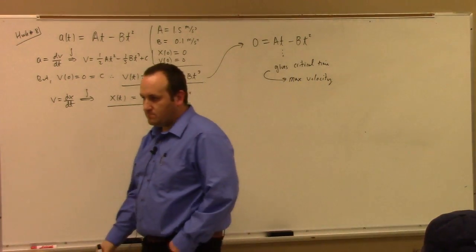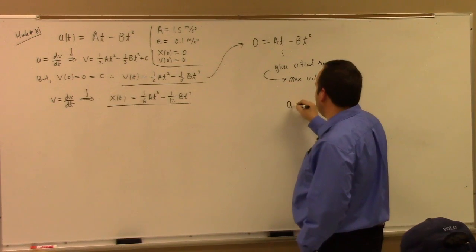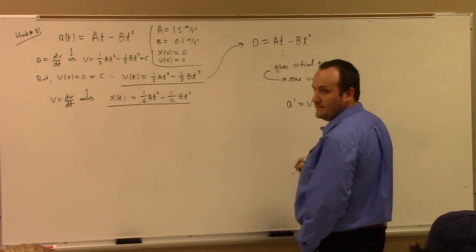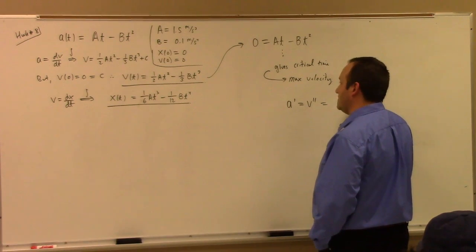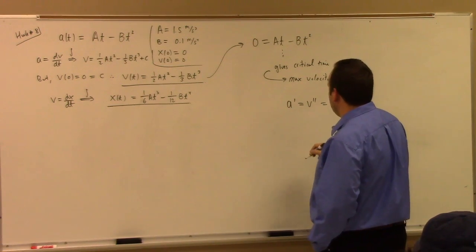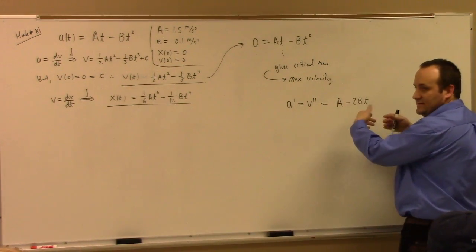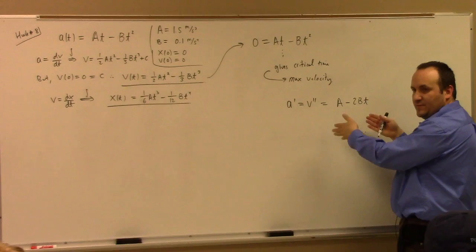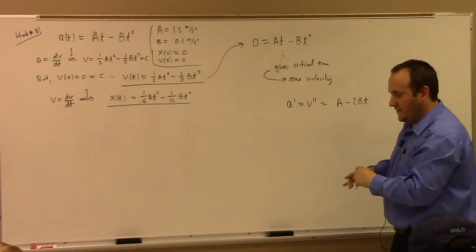Of course, you could look at the acceleration prime, which would be v double prime, and that would be equal to a minus 2bt. You could take these critical times and plug them into this formula. If it's positive, it's a minimum. If it's negative, it's a maximum by the second derivative test. So this is a maximization problem. We have Calculus 1 to do it.